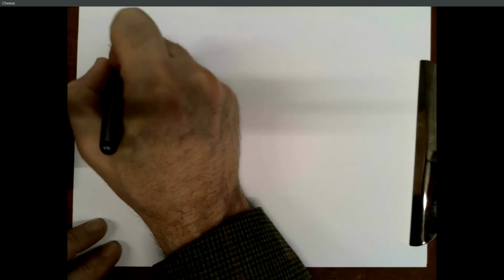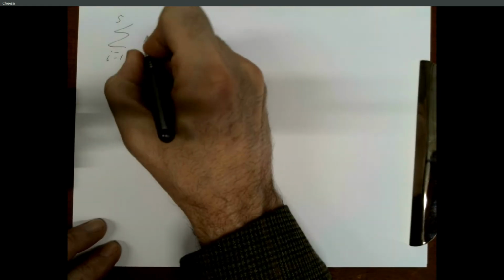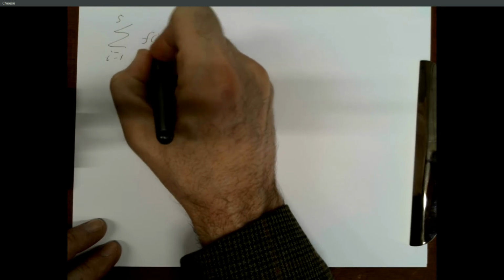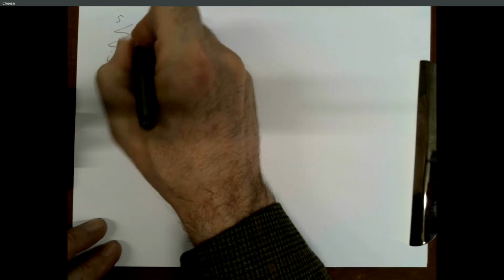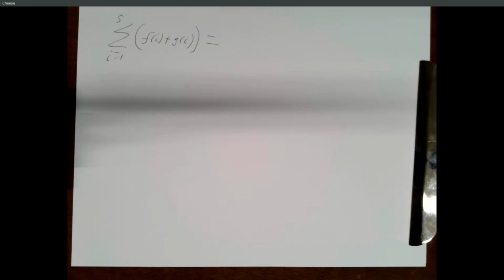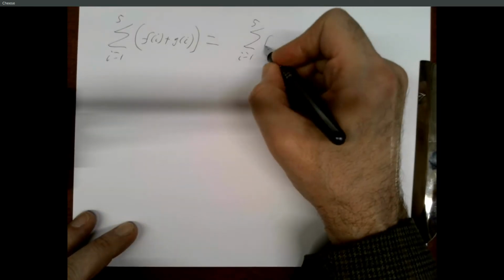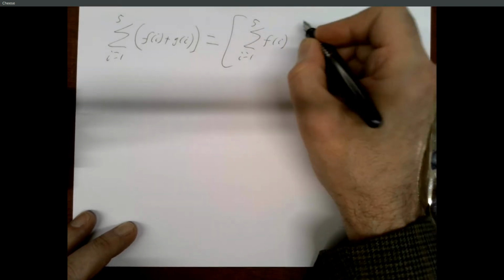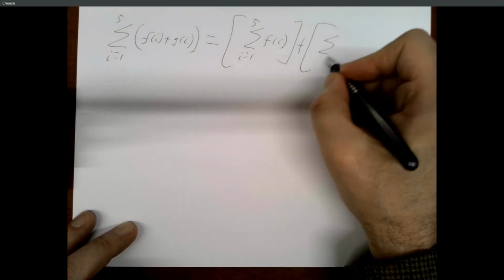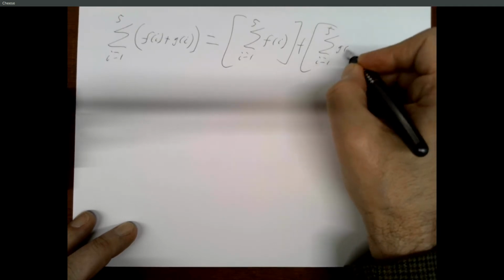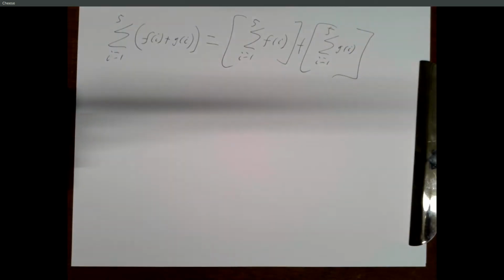And there's various properties of these things. If I'm going to add up the value of f(i) plus g(i) from 1 to 5, that's the same thing as adding up the f(i)'s and then adding up the g(i)'s and then adding those sums together.